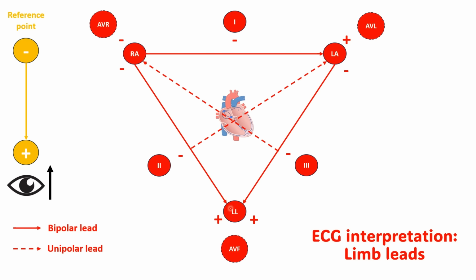The electrode on the left leg is representing the positive pole. The voltage between the two poles is being measured, and this is going to produce our lead, otherwise known as our view, AVF. This is going to look at the inferior surface of the heart. So look, our point of view is going up in this direction, so we're looking at this inferior surface of the heart.